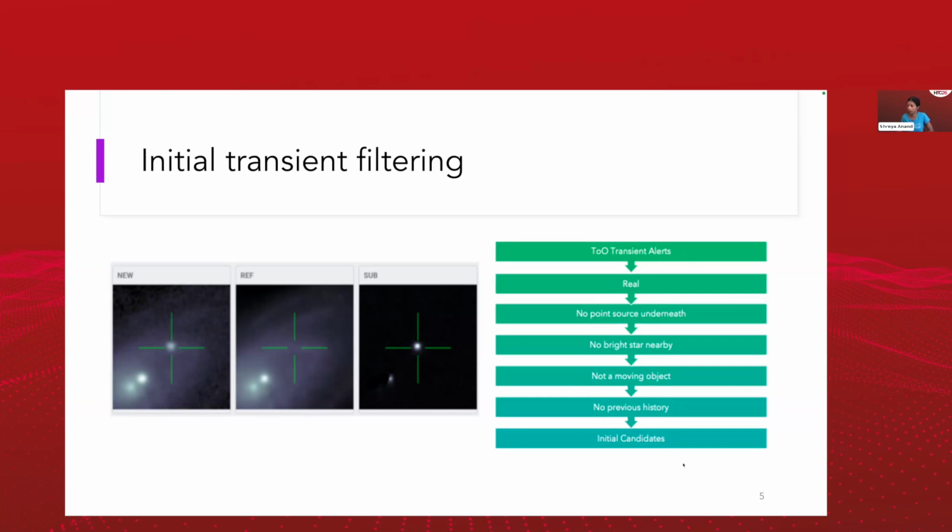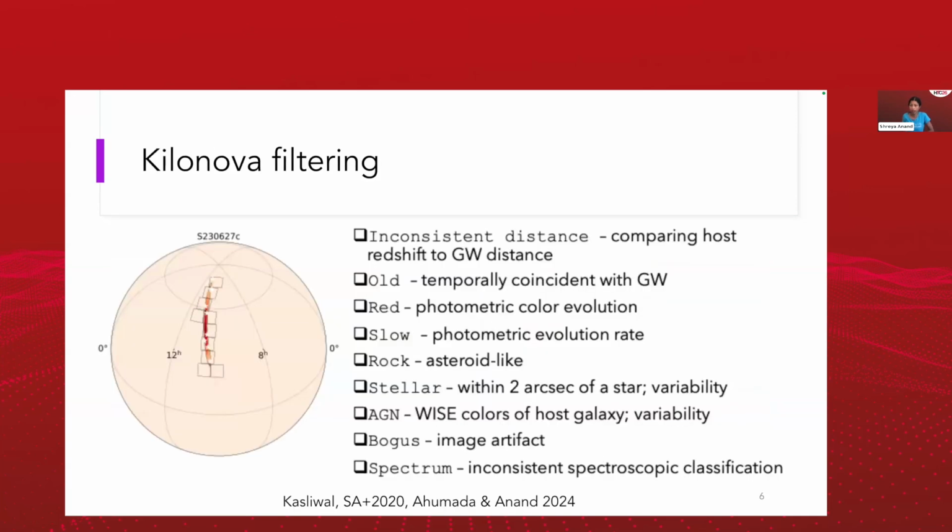And so we finally get to our list of initial candidates. But further vetting needs to be done in order to determine whether those candidates are actually consistent with what we expect a kilonova to behave like in the case of a gravitational wave search.